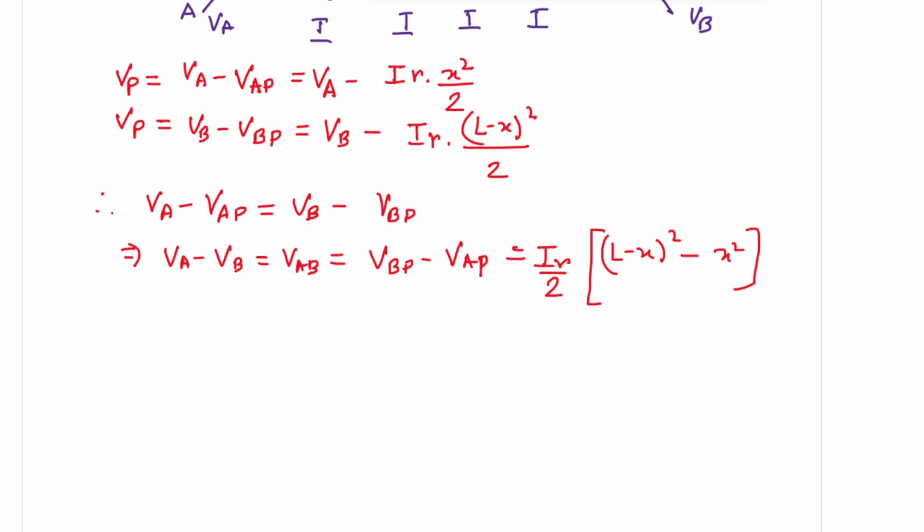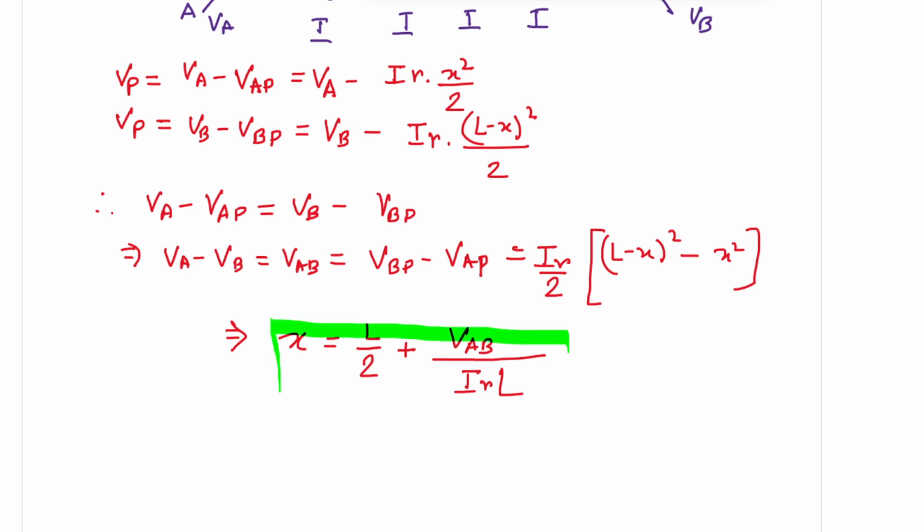If you solve from here, you will get x equal to L by 2 plus VAB divided by I into R into L. So this is the expression for the location of x.